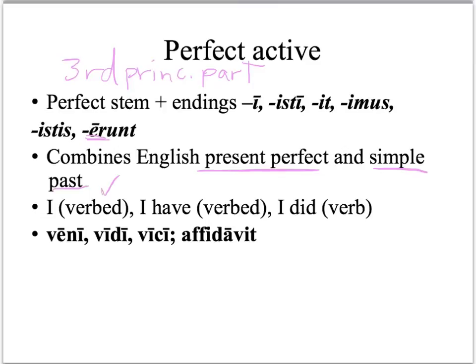Easiest translation is the simple past tense, as in veni, vidi, vici, I came, I saw, I conquered. But we can also use the helping verb have in English. So I have come, I have seen, I have conquered, and we can also use the helping verb did for emphasis: I did come, I did see, I did conquer.